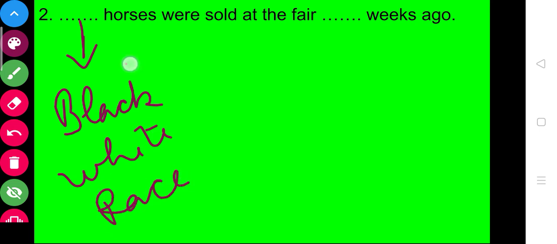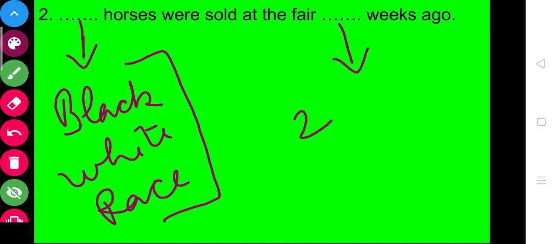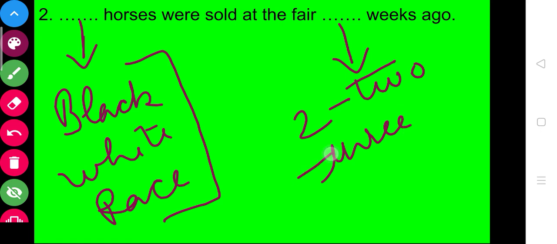Any of these adjectives we can use. We have to tell the number of weeks here, so an adjective of number is to be used. You can write 2 weeks ago or 3 weeks ago, or whatever number of weeks you want to say. That would be the reply for this one.